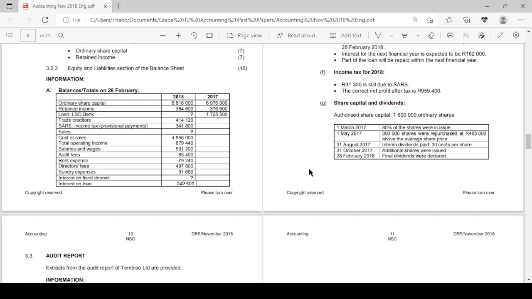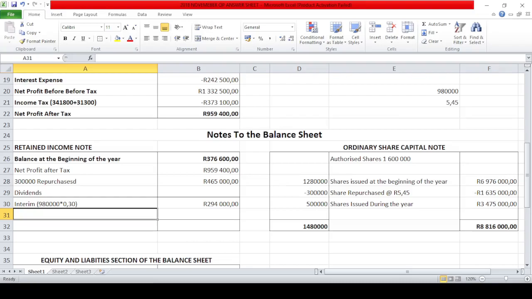Then for our final dividends, the information says that final dividends were declared at the end of the year, which is the 28th February 2018, meaning that final dividends is going to be our balancing figure on the retained income note.